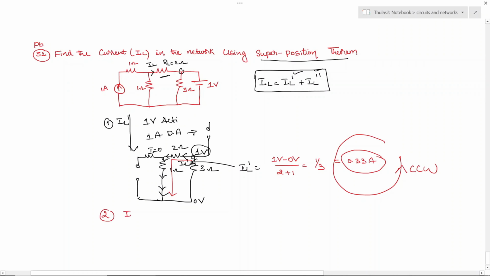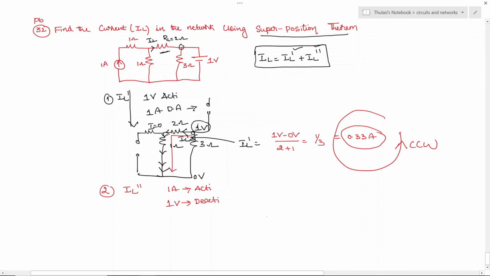Okay, now let's try to solve it. I want to find out IL double dash. The 1 ampere source is activated and the 1 volt source is deactivated.